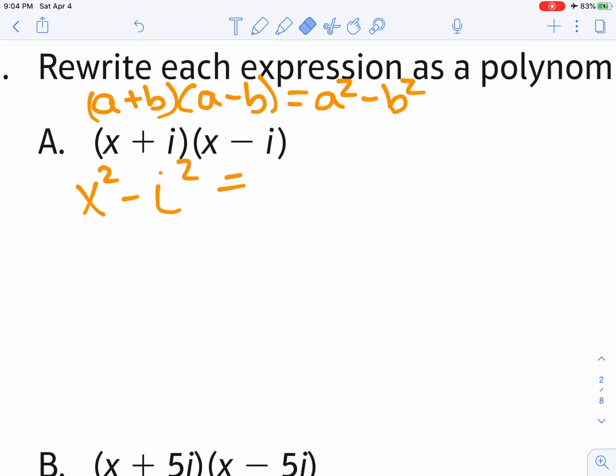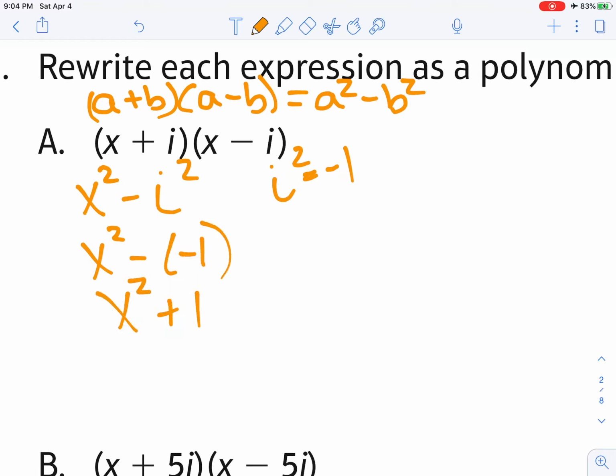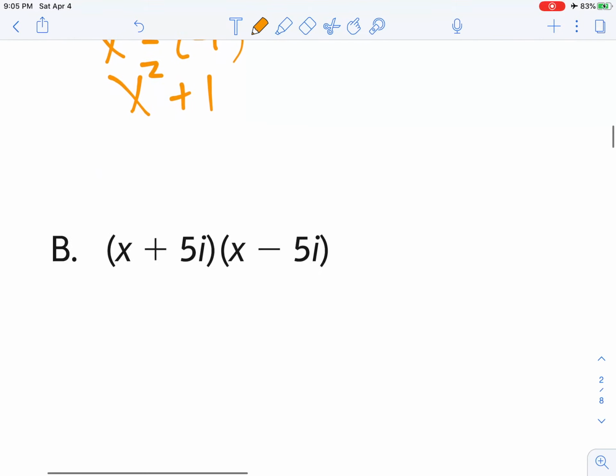But remember that i squared equals negative 1. So it's x squared minus negative 1. So now I've got the plus 1. And the reason that it's plus 1 is because we're dealing with imaginary numbers.